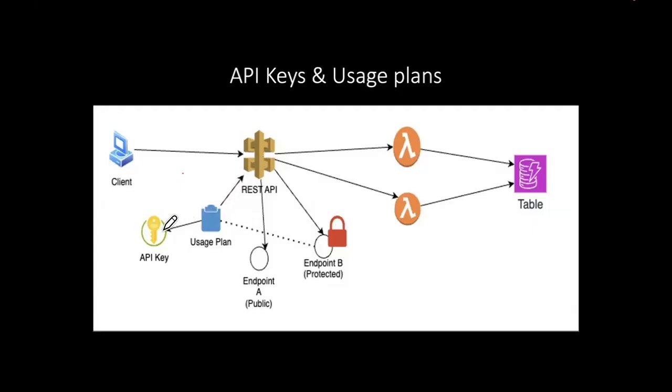and the usage plan is linked to this API key, because I've indicated in the configuration of this endpoint that I want this endpoint to be protected by an API key. I don't have to specify what key. I just indicate that I want this endpoint to be API key protected.